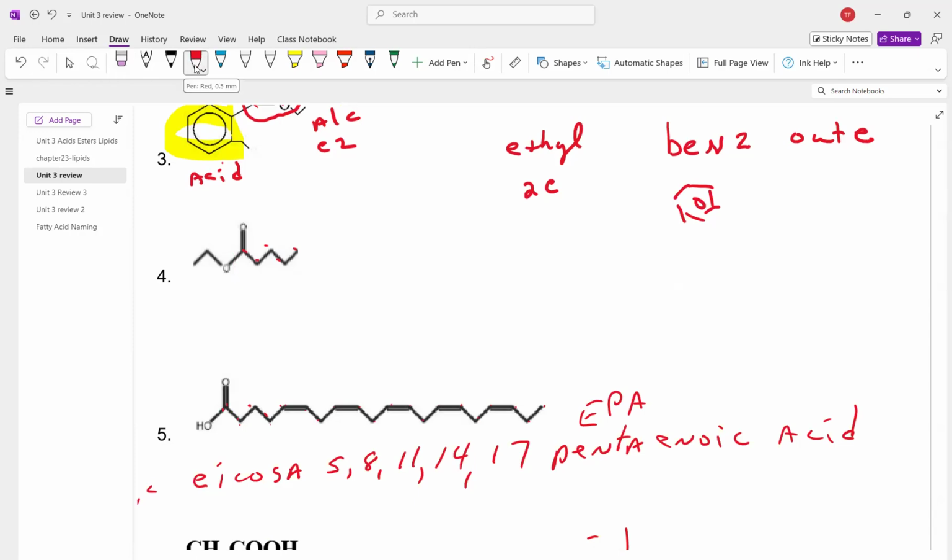We have an ester. So identify the primary backbone and secondary backbone. Now, don't get into the habit of always writing esters with the alcohol part on the right side. Doesn't matter where it is.